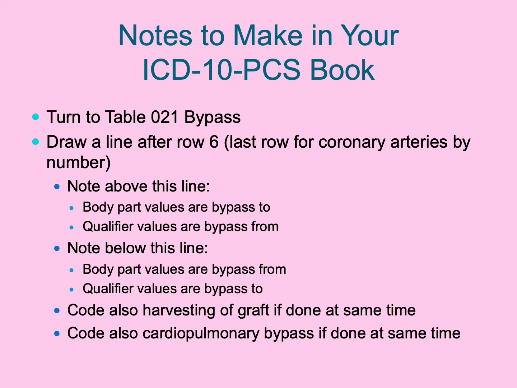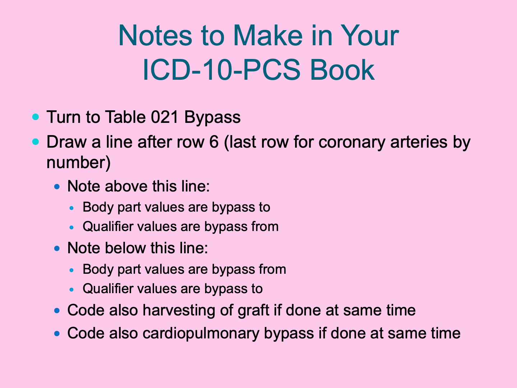So turn to table 021 Bypass in your book. Draw a line after row 6, the last row for coronary arteries by number. Note above this line, body part values are bypass to, qualifier values are bypass from. Below this line, body part values are bypass from, qualifier values are bypass to.